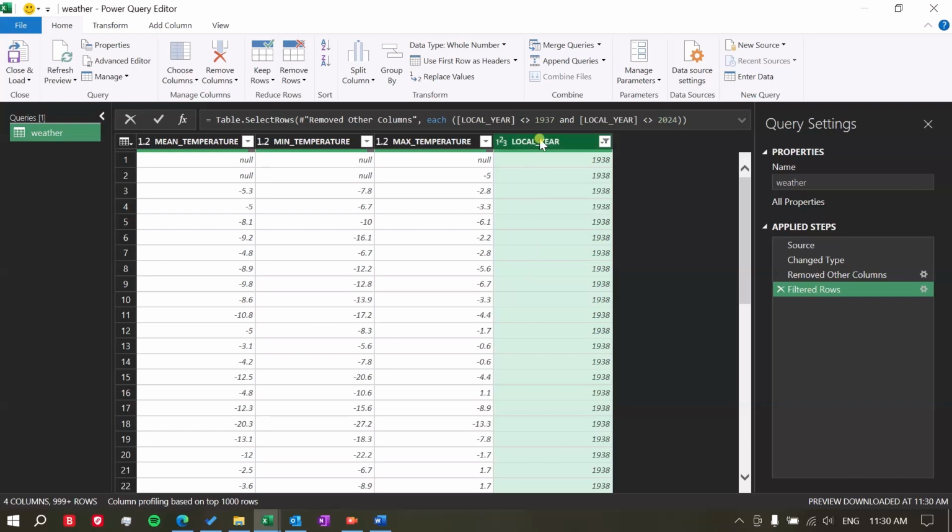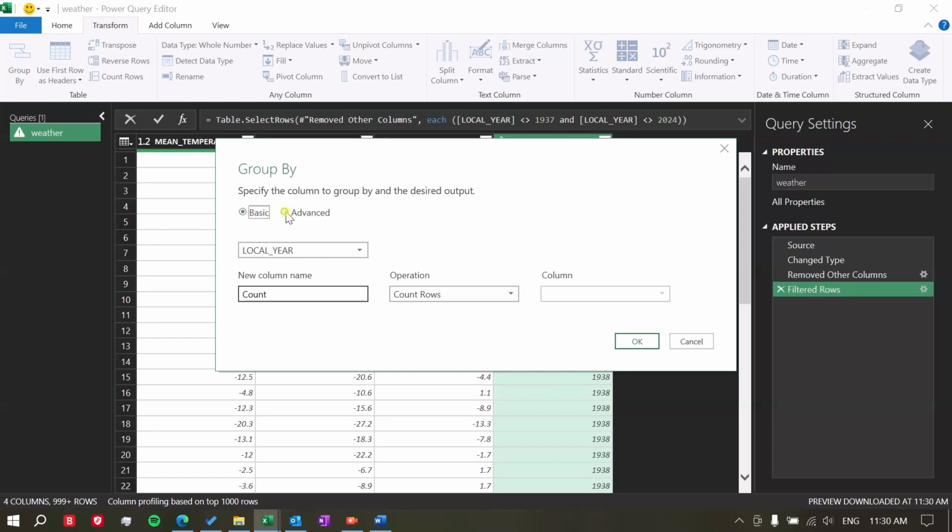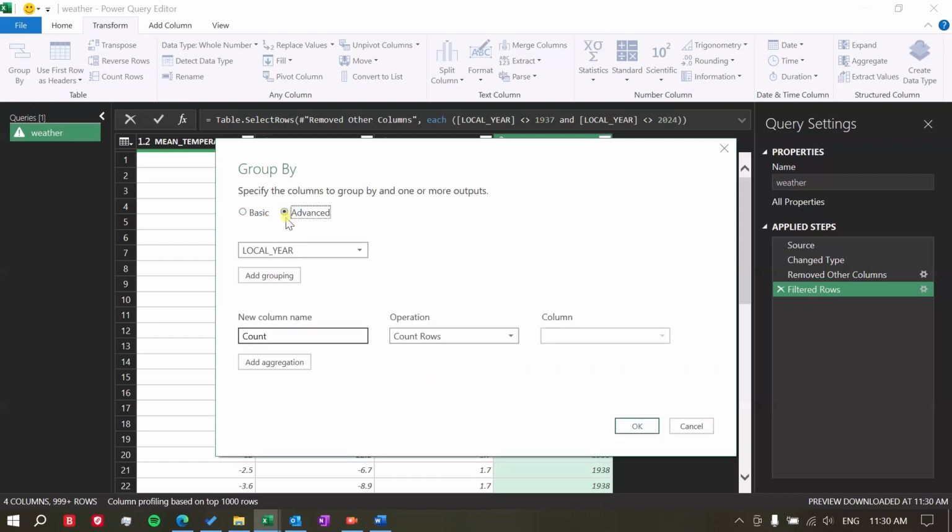The next step is to group by the local year so that we can get the averages of each of these 3 measures that we have. We group by, and we go to advanced so that we can get multiple columns. We already have local year selected, which is the one that we're going to group by.